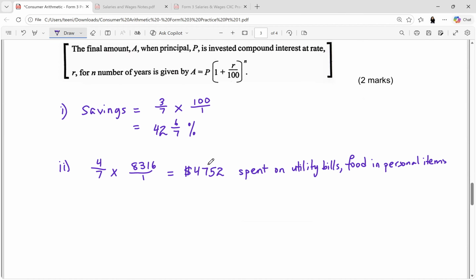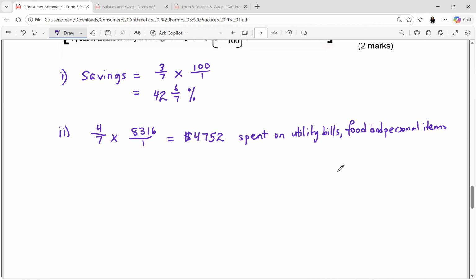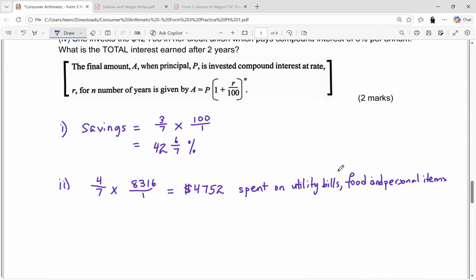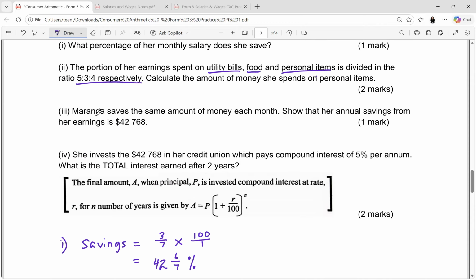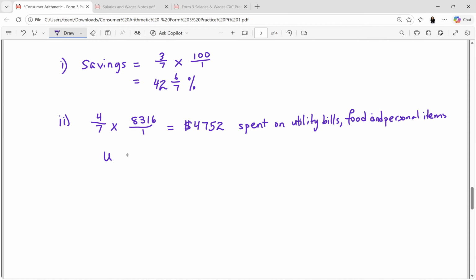So $4,752 is spent on utility bills, food, and personal items. And now the ratio that they told us is 5 to 3 to 4, right? So utility bills to food to personal items is 5 to 3 to 4.